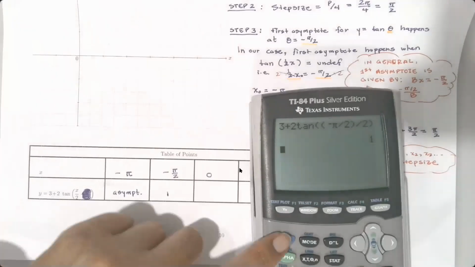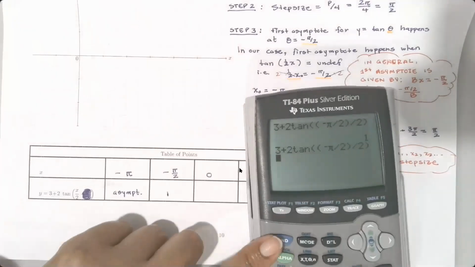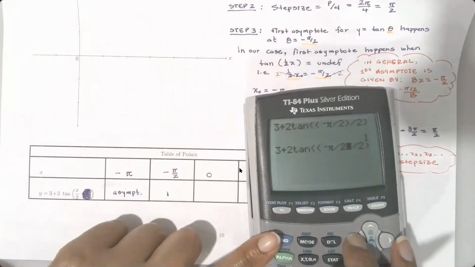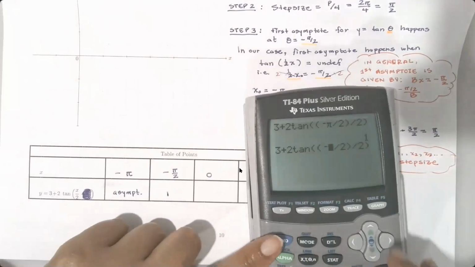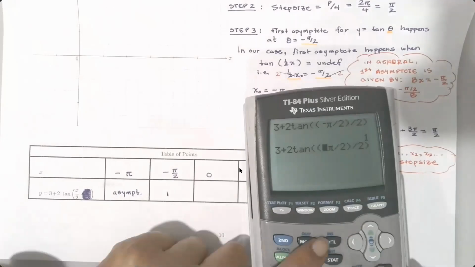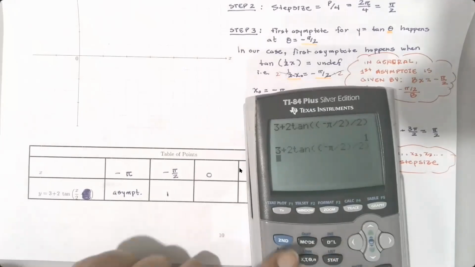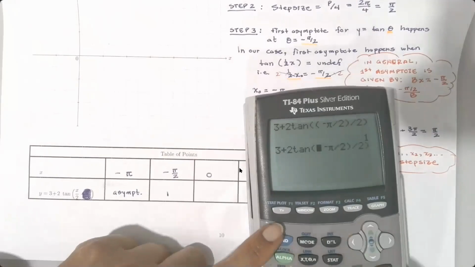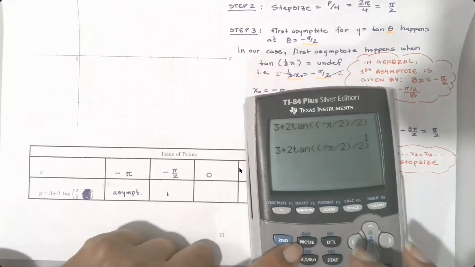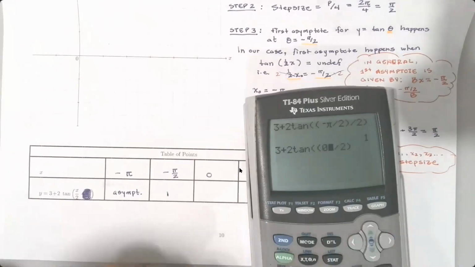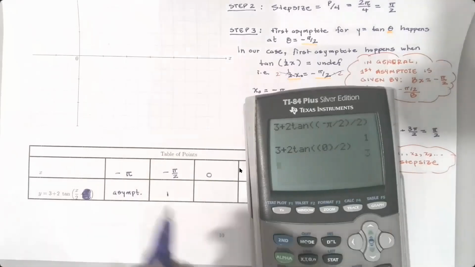So again, I'll bring back that computation and replace the negative pi over 2 with a 0. Oh, sorry. I get 3.